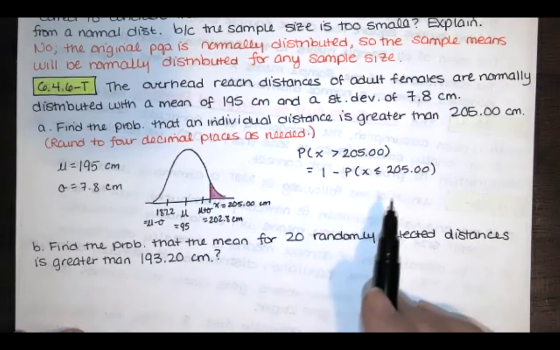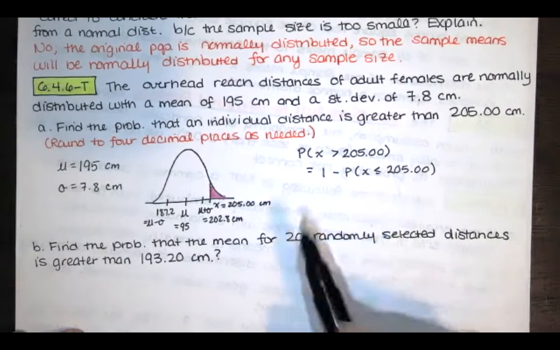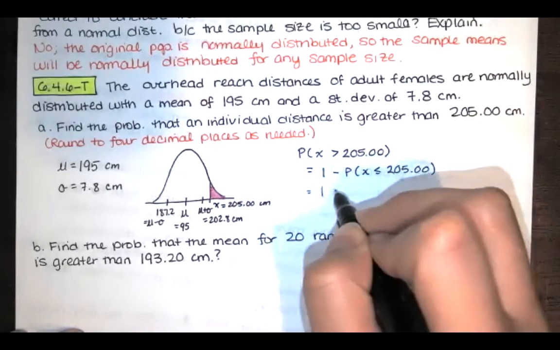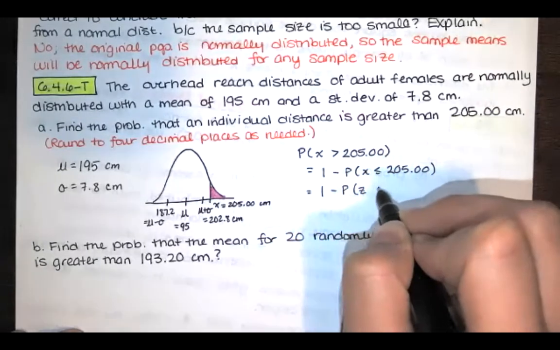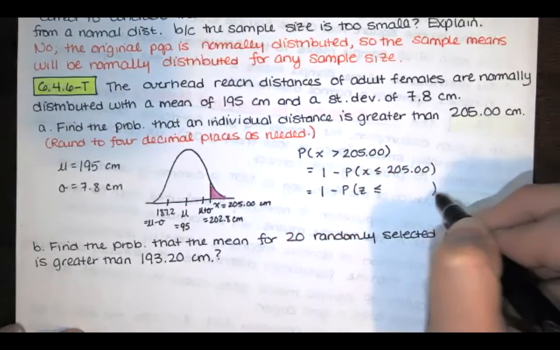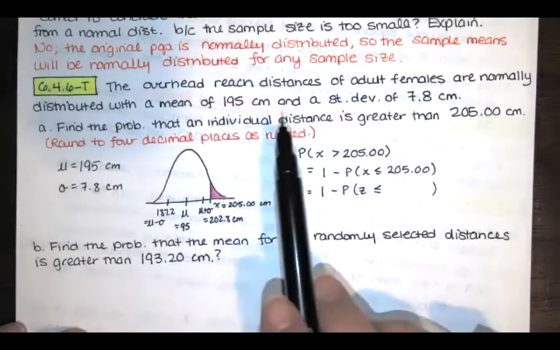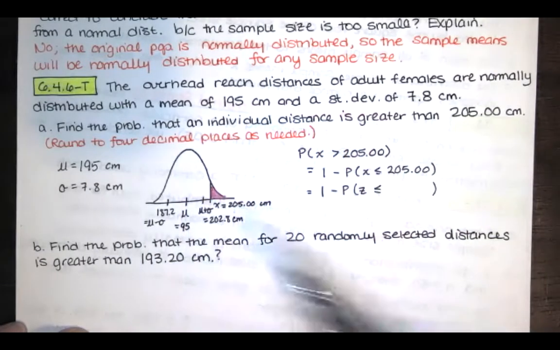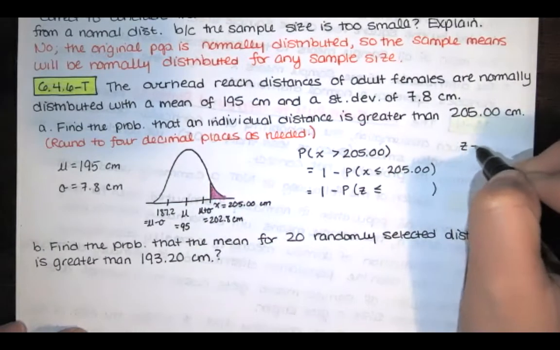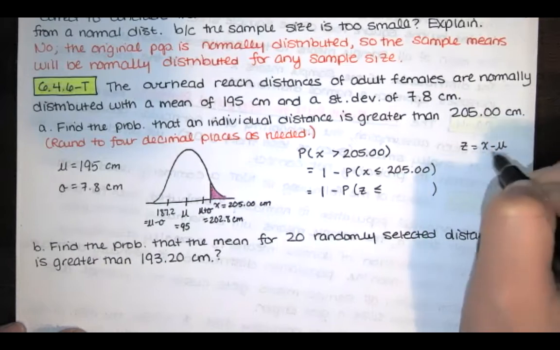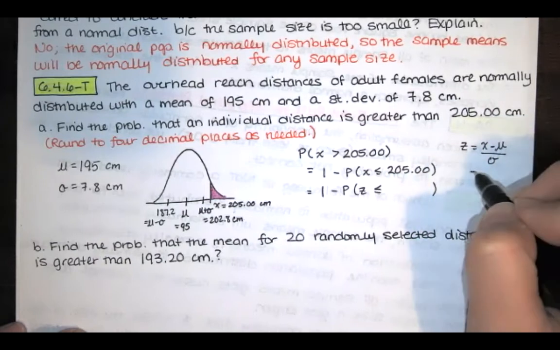And this can be found either in our table or using Excel. In order to use my table, I would have to convert this X value to a corresponding Z-score. So I want that Z value right here. Now, here we're talking about an individual distance. So the conversion for Z-scores here is that we take the X value, subtract the mean, and divide by the standard deviation.